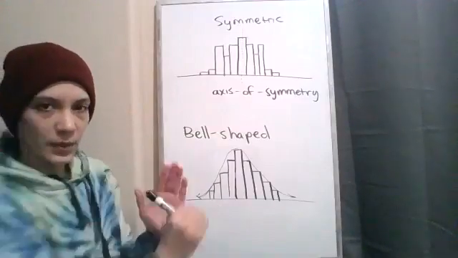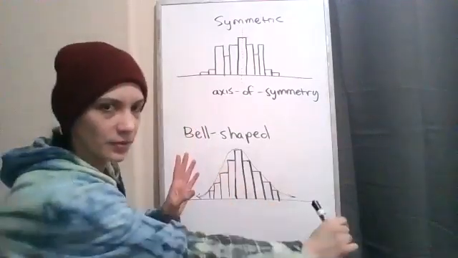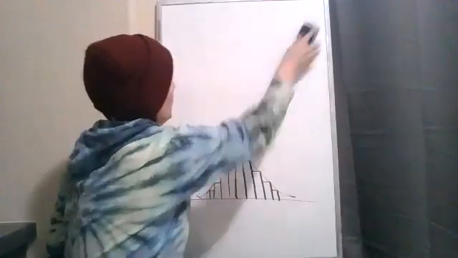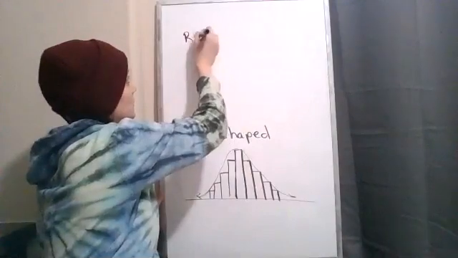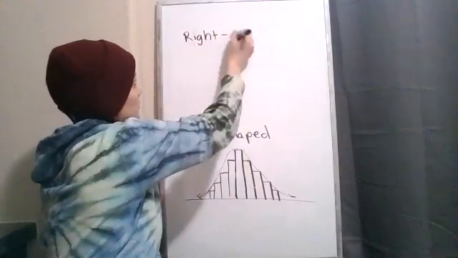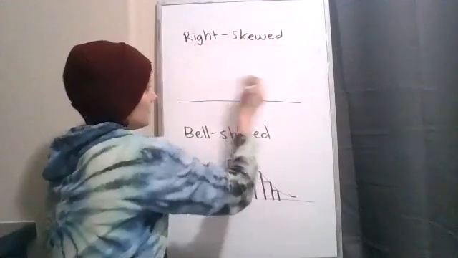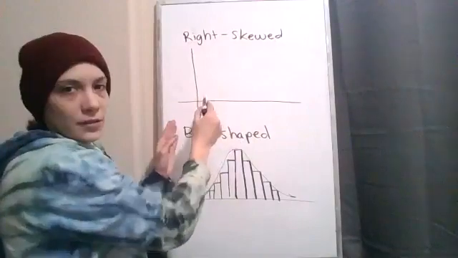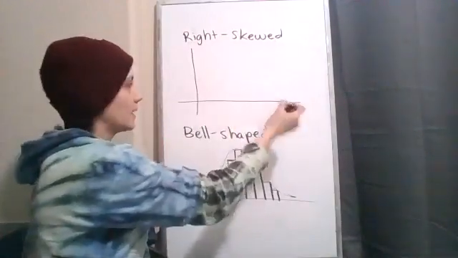Right skewed is when there is more data on the left side and then trails off to the right. So let me draw a picture. Some data on the left and then a little bit over here on the right.